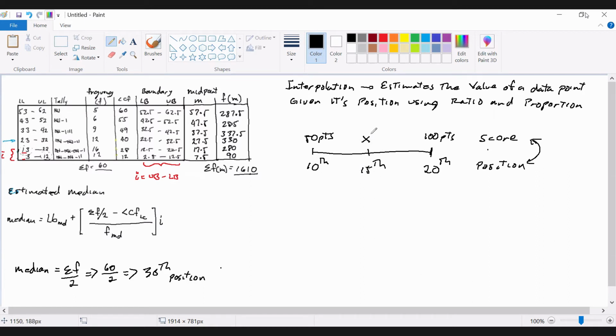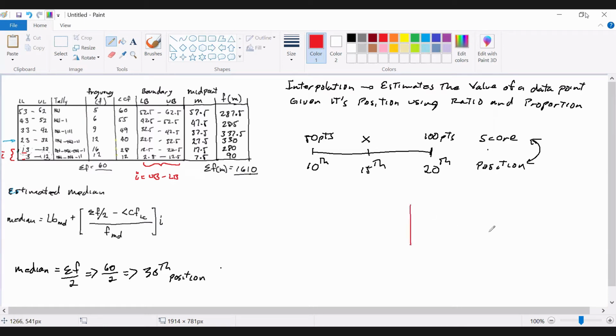Since we have two values that we are trying to compare, we can now start making our ratio. Let's talk about length.